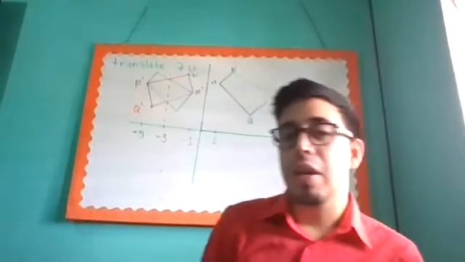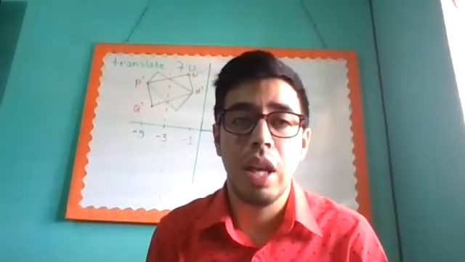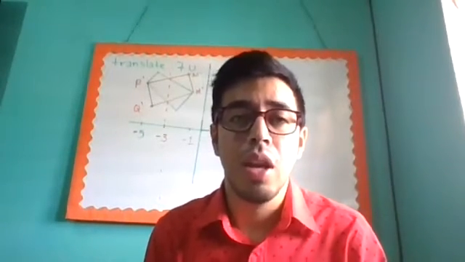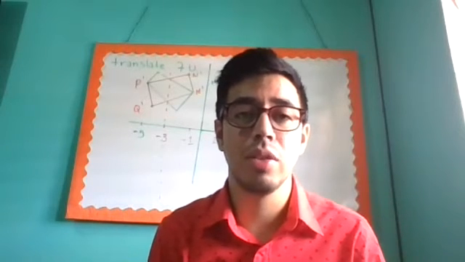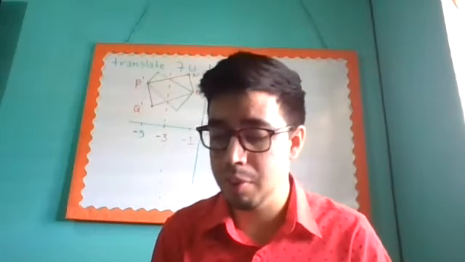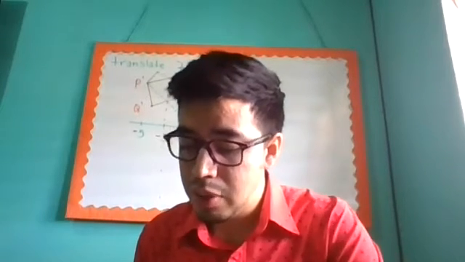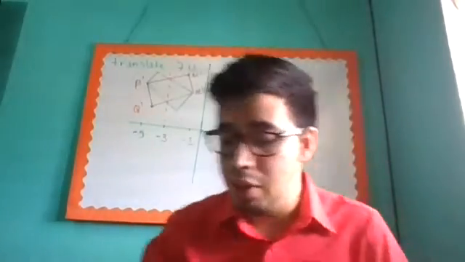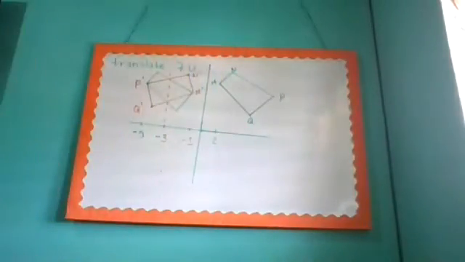We can describe a sequence of transformations. So they give you the transformation already, and you describe what kind of transformation we did in the problem for the figure. So if we describe a sequence of transformations, I'm going to draw the figures in the coordinate plane. Okay.